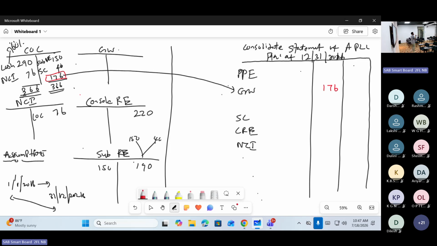Okay. Then we are going to calculate the book value as at the acquisition date. Book value means net asset value.